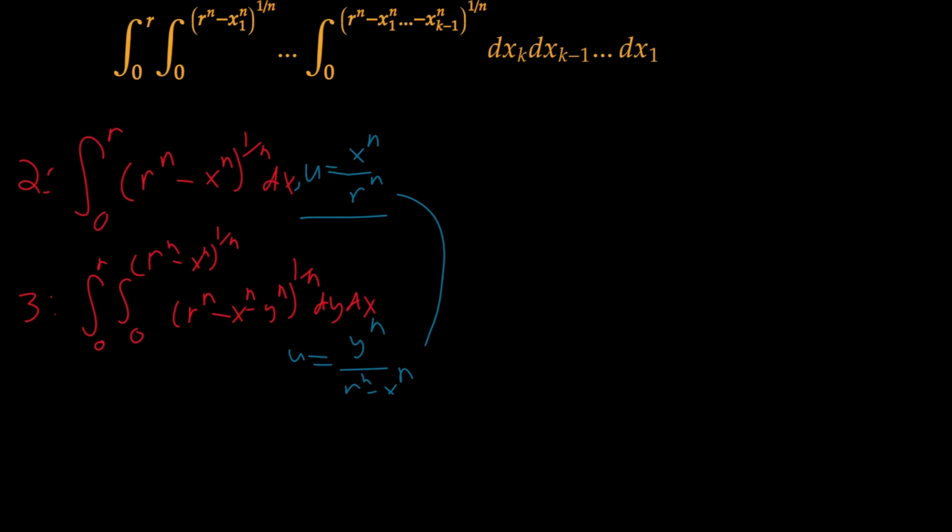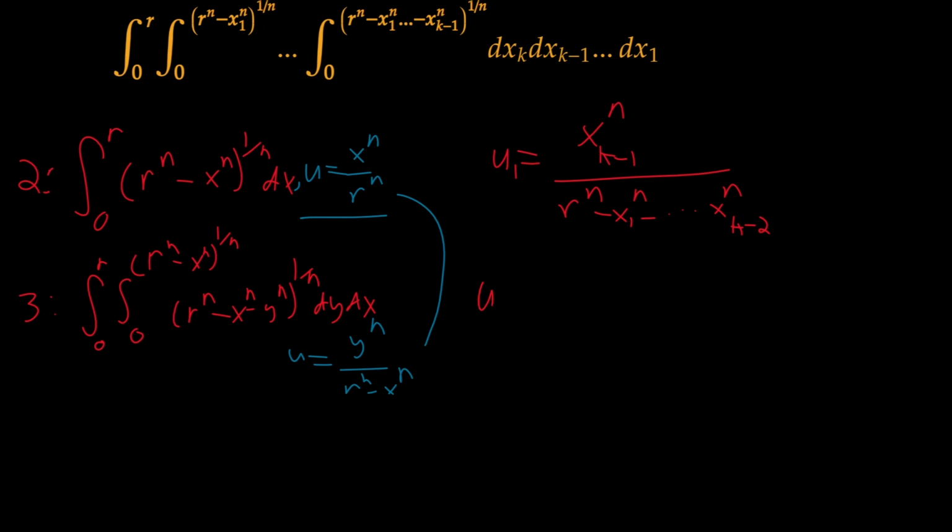So what we're going to do to actually evaluate this integral is make the following substitution, which is u1 equal to x_{k-1}^n over r^n minus x1^n minus ... minus x_{k-2}^n, where everything in between is just everything leading up to that. And we can define u2 in a similar way, right?